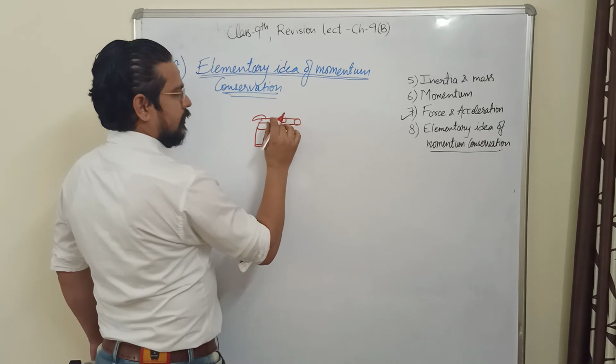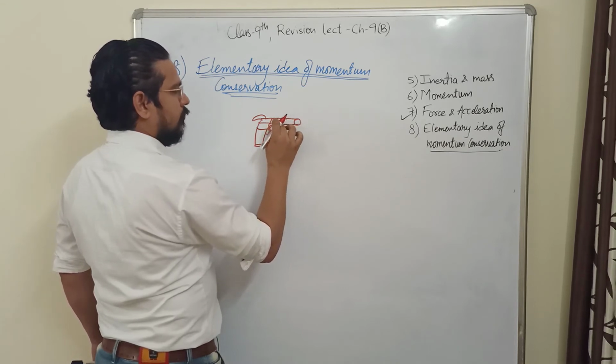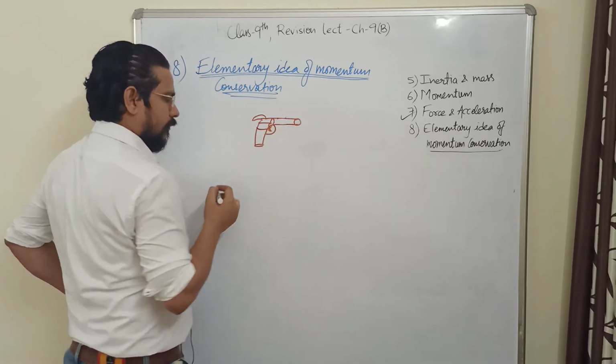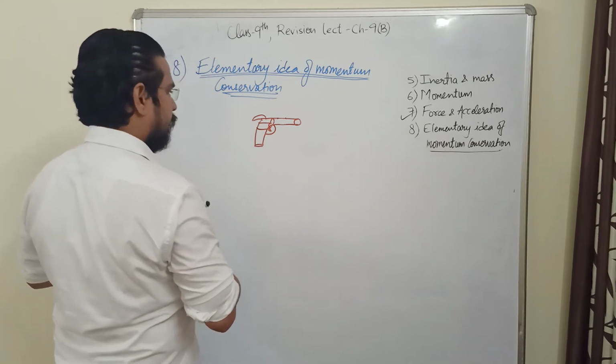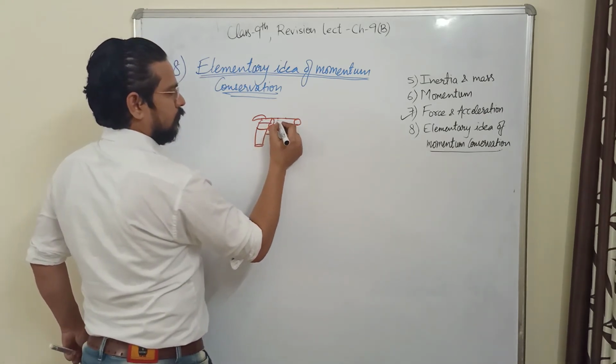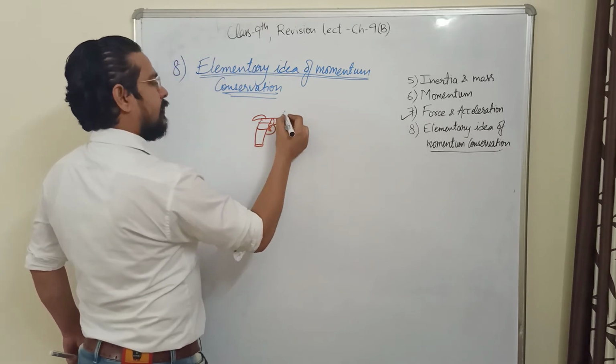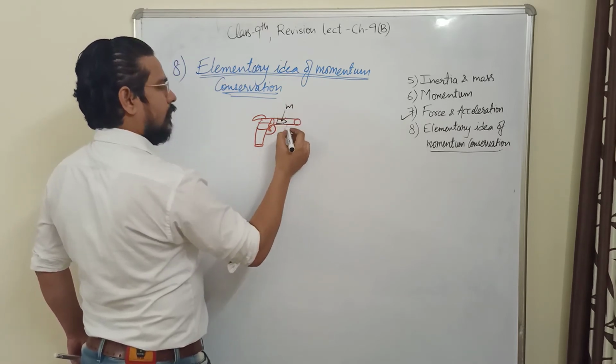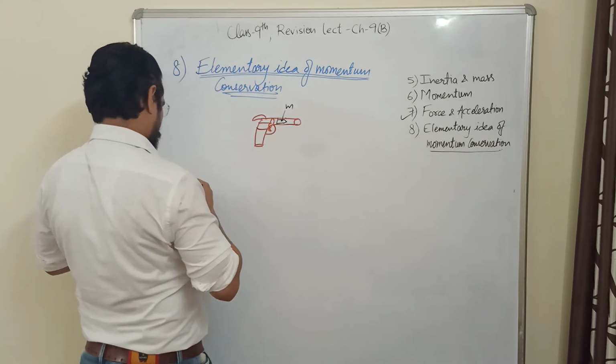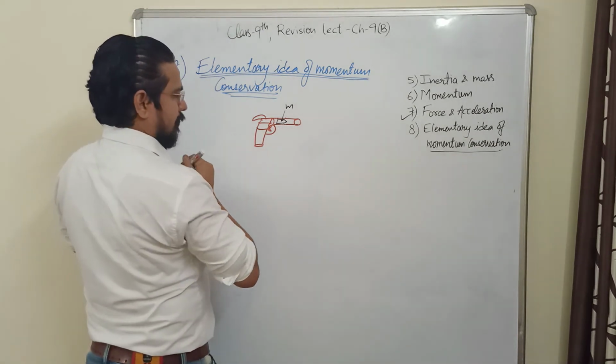The bullet is placed inside the barrel of the gun. I will show the bullet with the black color. Let us say the mass of the bullet is small m and the mass of the gun is capital M.